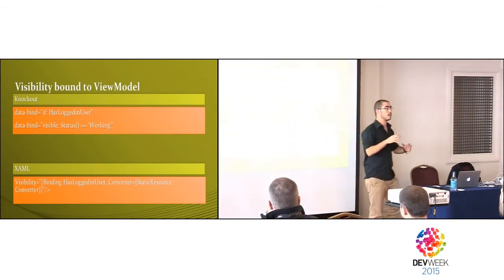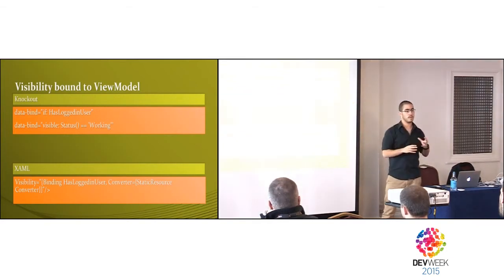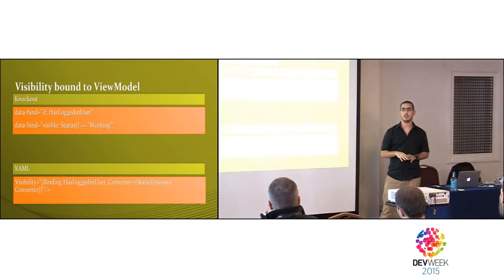You can say it in the UI itself. This is part of the HTML. So you can play with the logic in the HTML itself, which is kind of nice because it saves you some time, but you need to remember that the logic should be in the view model, so you need to be careful with that.